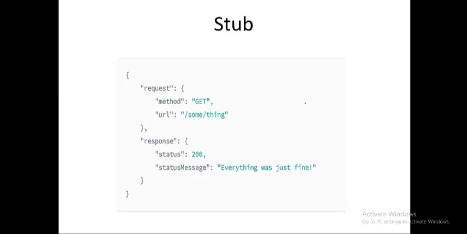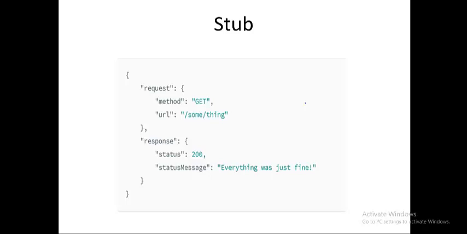Whenever a user hits this particular URL /some/thing, they see this response: status 200, and status message saying everything was just fine. We already talked about how a stub has no logic in it and is not that intelligent, so however many times you hit it, it gives you the same response. That is the reason we go a bit higher and create some mocks.